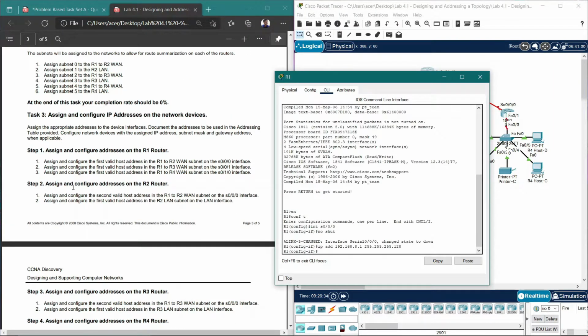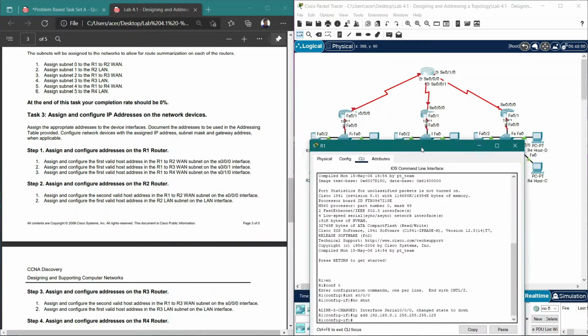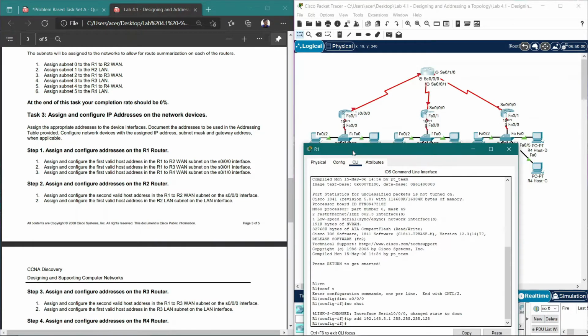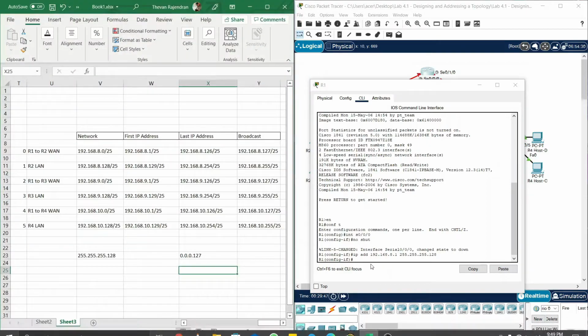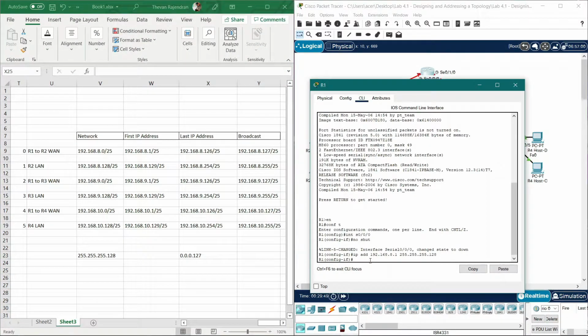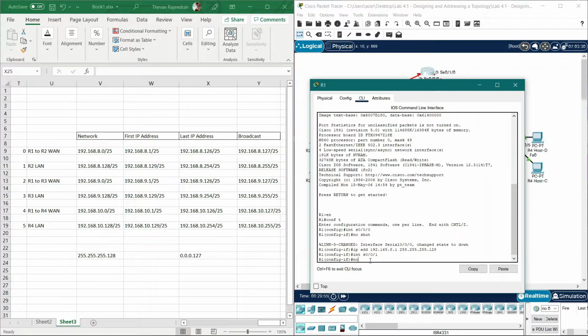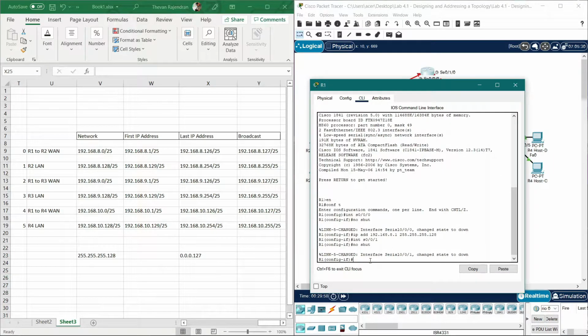And for the next one, assign and configure the first valid address in the R1 to R3 network. So that will be the S0/0/1 interface and R1 to R3. IP address 192.168.9.1.